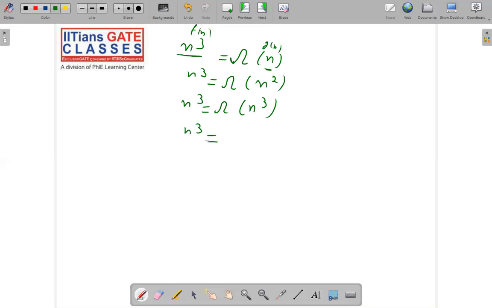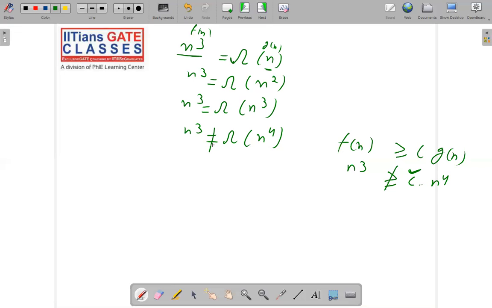If you say n cube equals omega of n raised to power 4, no. For any constant, there could be a value of n, because we are considering n as a variable. We can increase the value of n as much as we want. If you put any value of constant here, I can increase the value of n significantly such that this condition won't hold. So this is not true.